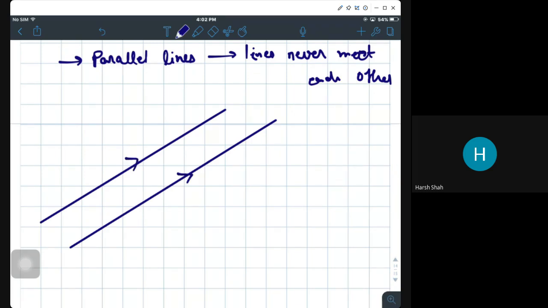Now given that they are parallel, can I say something about their slopes? This is m1 and this is m2. m1 equal to m2, correct? Now one more thing I need to specify is that their y-intercepts are not equal. Why? Because if their y-intercepts are equal, they would be overlapping lines.